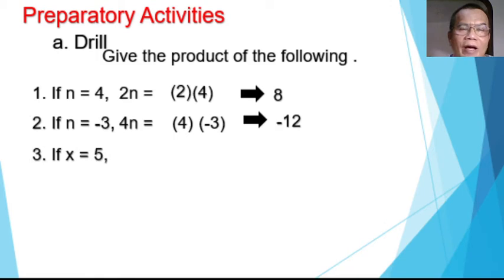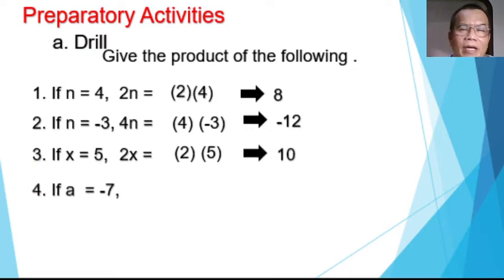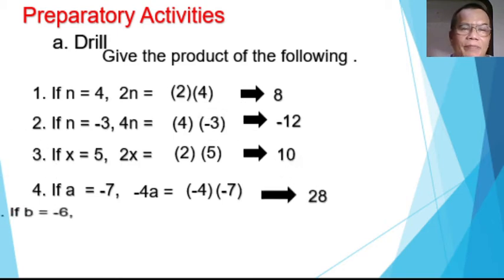If x is 5, so 2x will become 2 multiplied by 5 and that is equal to 10. If a is negative 7, what is the value of negative 4a? So negative 4a is equal to negative 4 multiplied by negative 7, which is equal to positive 28.